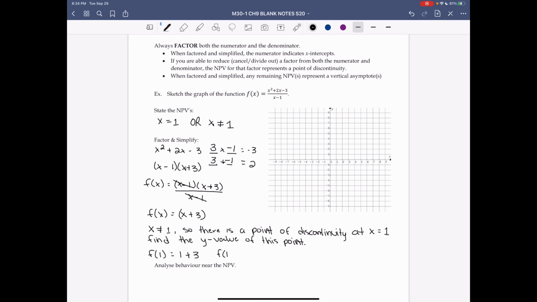So f of 1 equals 4. So the y value is 4. Therefore, our point of discontinuity is at x equals 1, y equals 4.